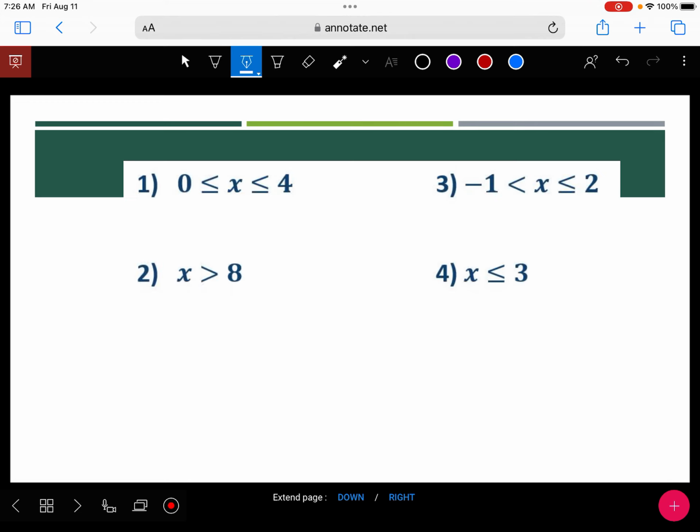All right, let's go ahead and copy down questions 1 through 4, and we're going to write all of these intervals using interval notation.